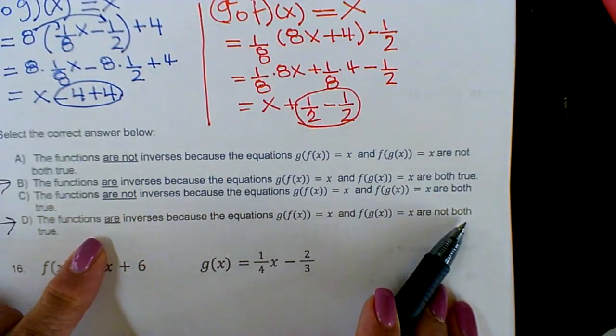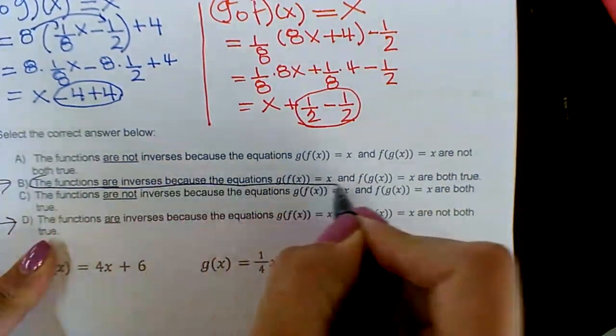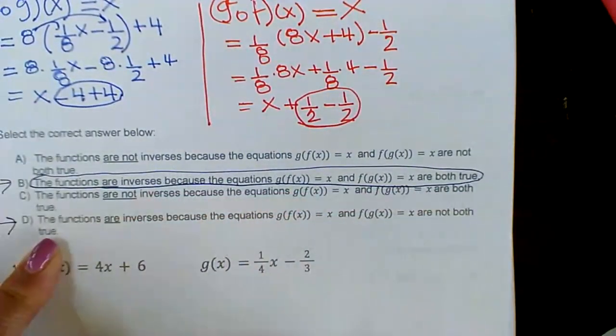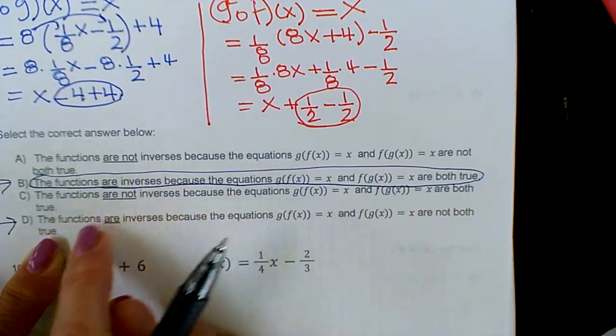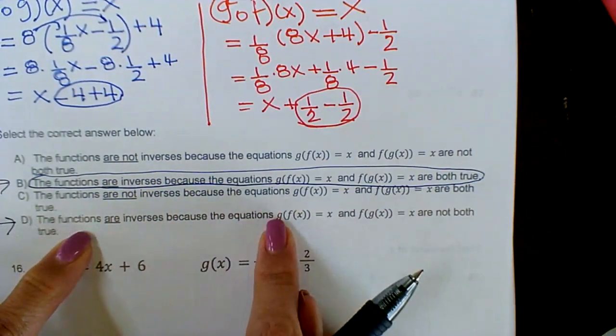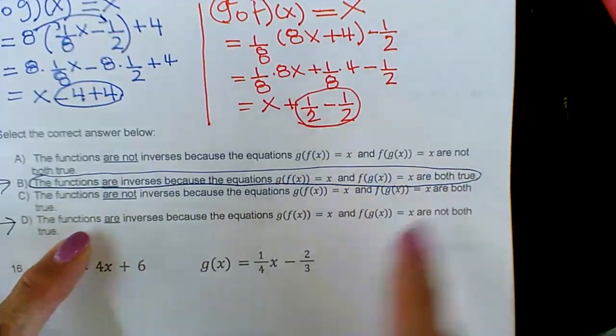Be very careful. Read the second part. Not just because they are inverses, you're just going to pick this one. Be very careful. It's got to be this one. Are both true?